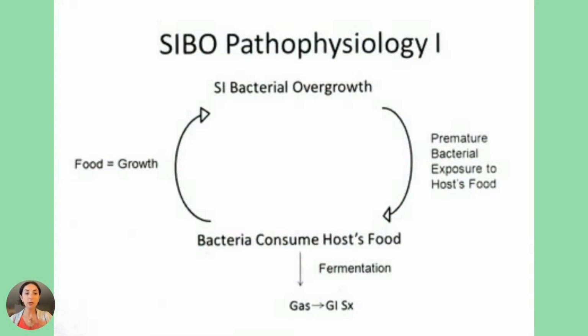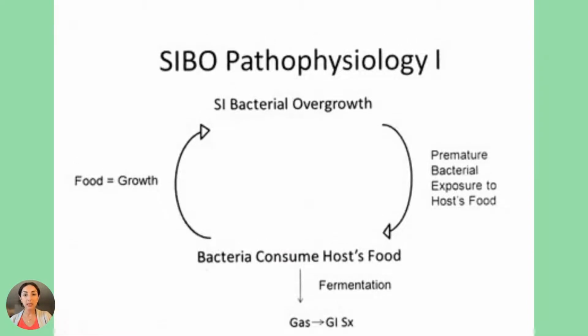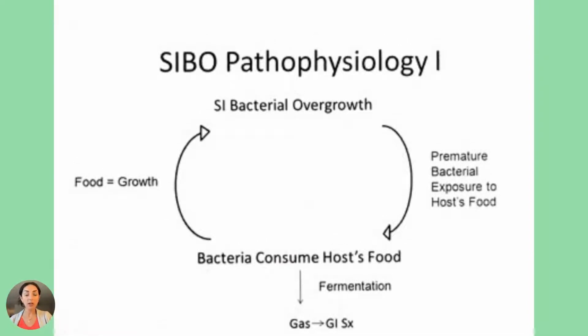So here's just a little bit more pathophysiology about bacterial overgrowth. Basically the bacteria are exposed to our food prematurely. That just means, again, that they're too high up in the digestive tract. The bacteria then ferment our food, they consume the food, and it causes fermentation, gas and GI symptoms.